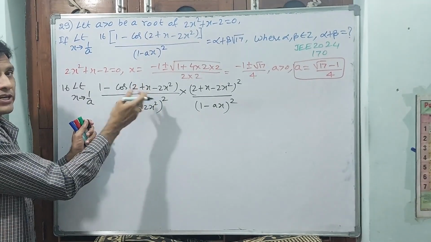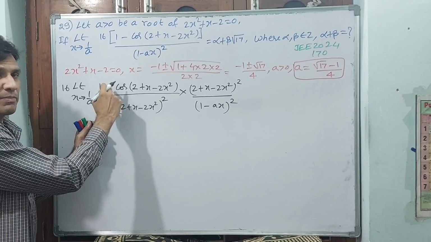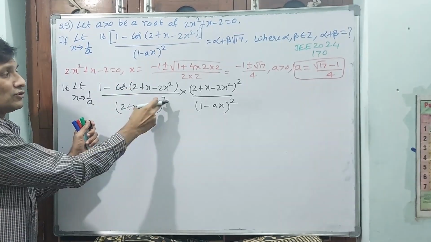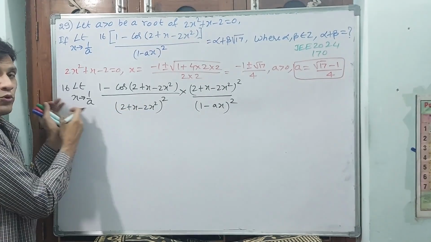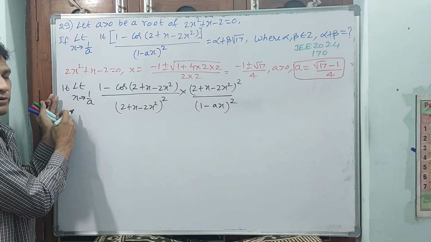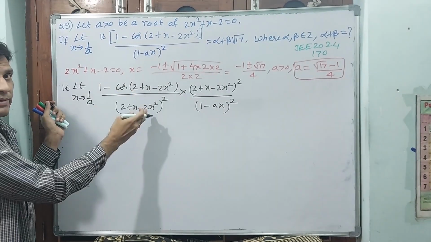Why? Because if you differentiate, minus of minus plus sin x will come, and the denominator x² becomes 2x. You take 2 outside, 1/2 times sin x by x, which is 1.